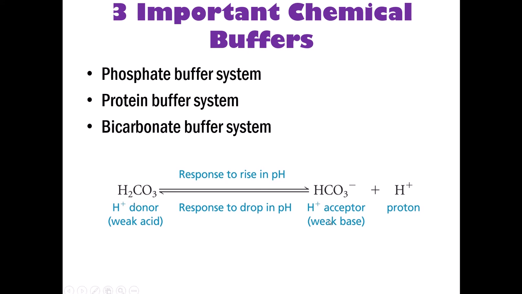Bicarbonate ions, if the blood becomes too acidic, get to act as a hydrogen ion acceptor. They can take hydrogen ions out of solution, which would then bring your pH back up. And so this buffering system is incredibly vital to keeping us in that normal range.